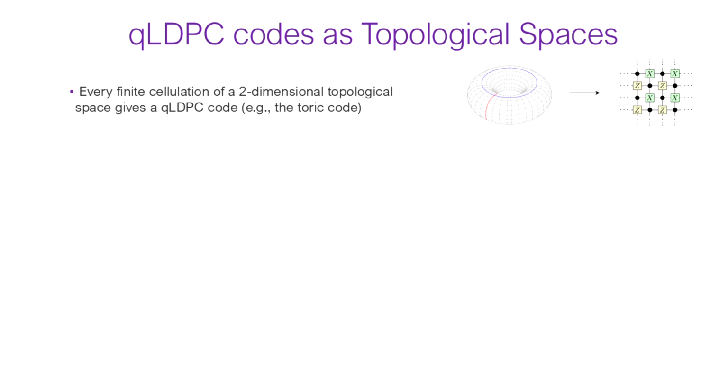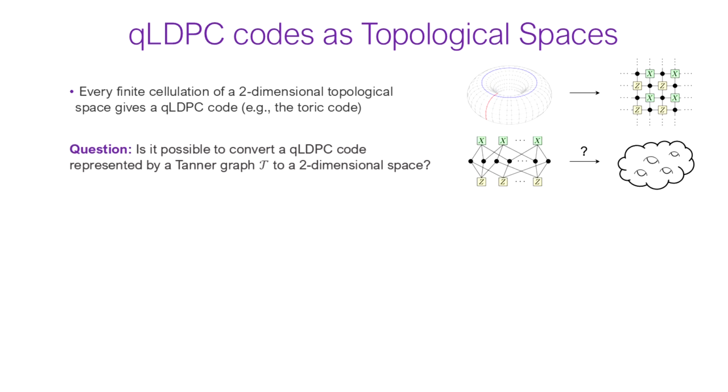Here is also, I think, an interesting idea. Every quantum LDPC code can also be interpreted as a topological space. As we already saw, every finite simulation can be converted into a quantum LDPC code, but we can do exactly the opposite.